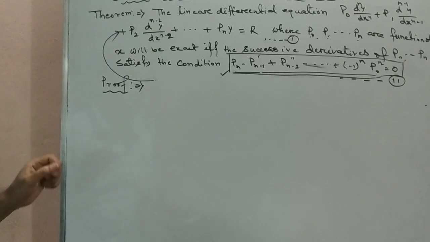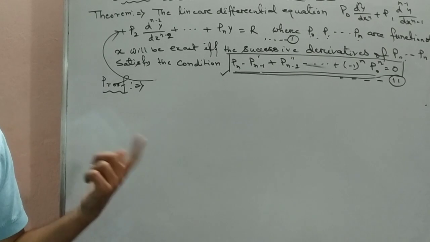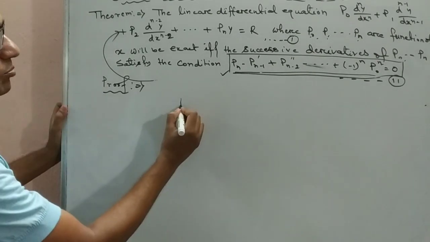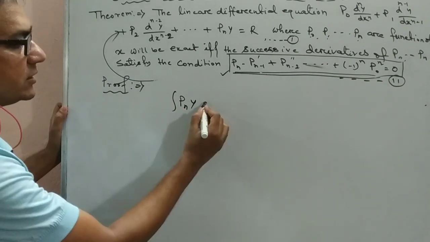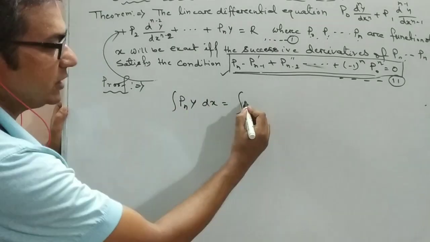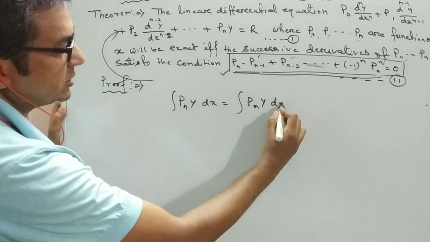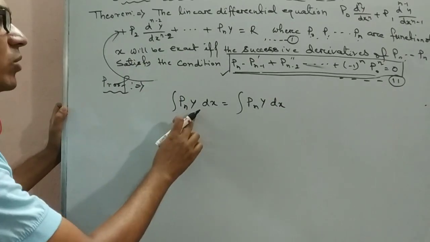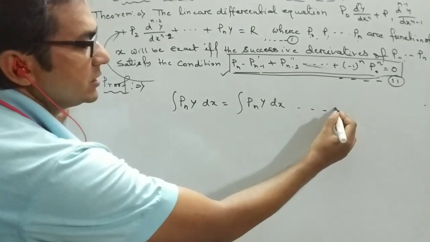Here we start by taking integration of P_n y with respect to x, where y remains fixed. Okay, the integral of P_n y' dx equals P_n y. This is the first relation.